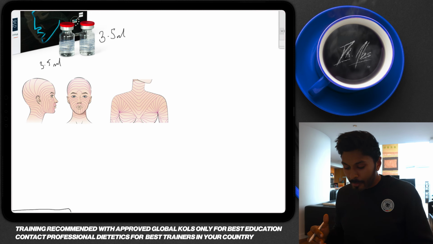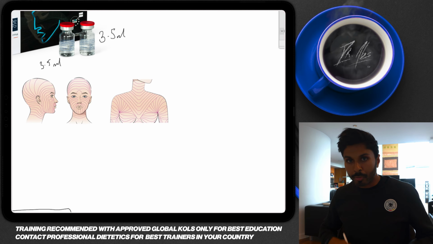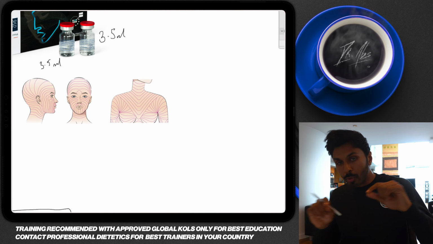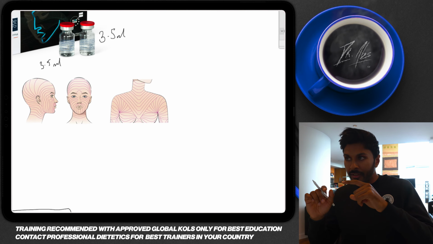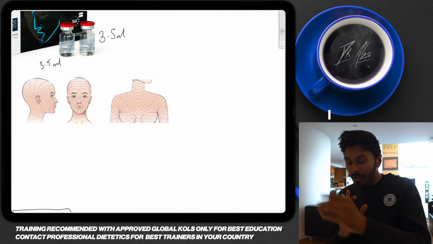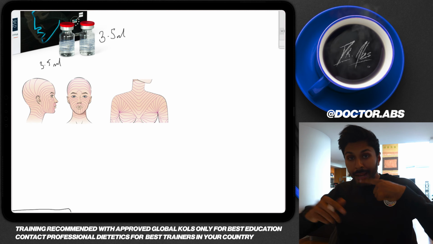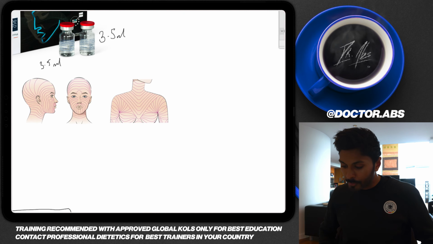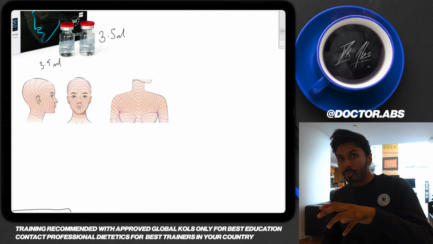Now, why is that important? Because when we're making up the protocols for usage of products like this, if we can visualize that and treat in the perpendicular plane, we can reverse the laxity and the sagginess and the wrinkles a lot easier. So bear it in mind, and it's useful for when it comes to injecting.